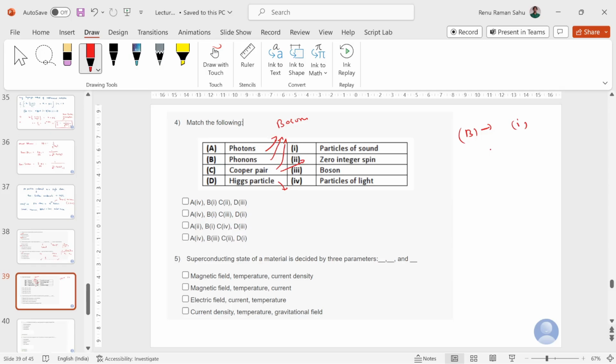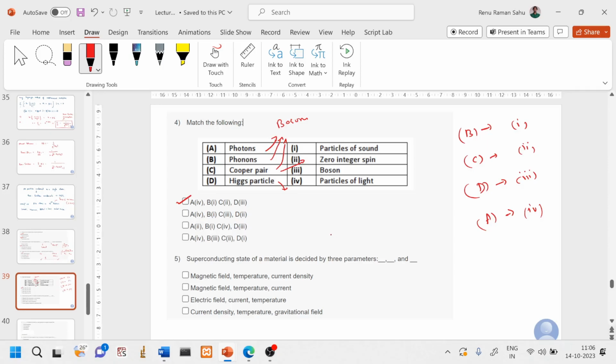Cooper pairs need to have zero or integer spin. That is also true. And D, Higgs particle is a boson. So 1, 2, 3. And A, photons are the particles of light, is the most appropriate answer. So A4, B1, C2 and D3. Yes, this is the correct answer.